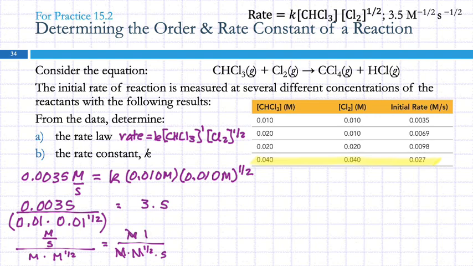And the correct unit is 1 over molarity to the 1/2 times second, or molarity to the -1/2 seconds to the -1. So this guy is wrong. I can fix that with my white pen. There we go. That's right. Any questions?